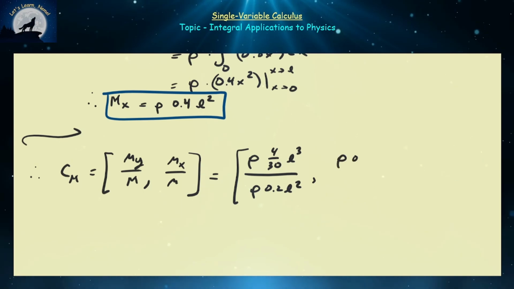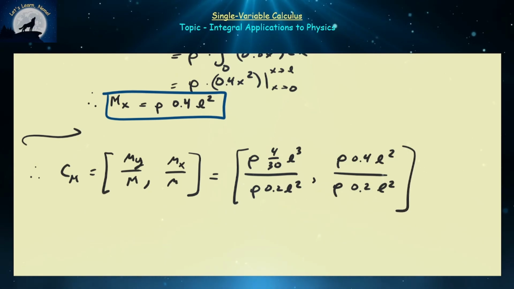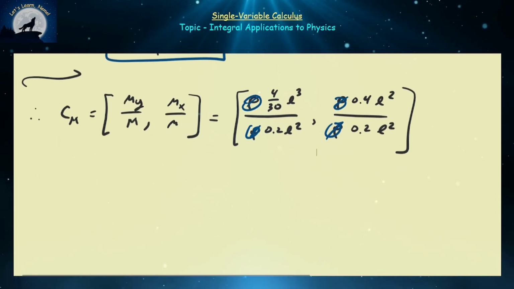And then we're going to have rho times 0.4 L squared, all over rho times 0.2 L squared. Notice that our rho's do cancel, so our center of mass does not depend on density. It being uniform is one of the primary reasons for that. And then we have a lot of cancellations.